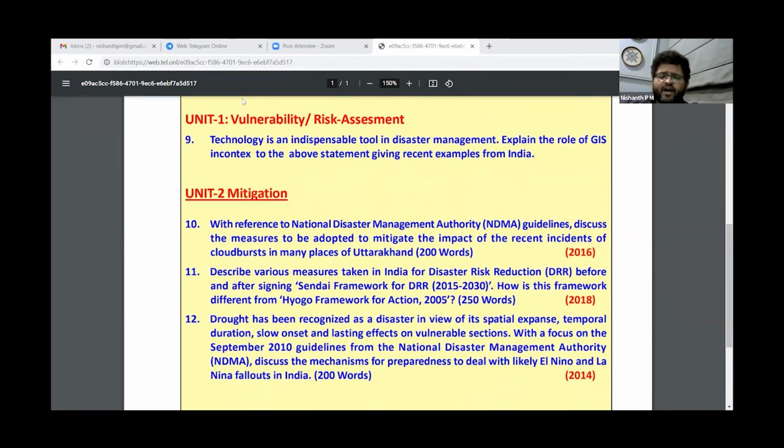Hence, the need of the hour is to implement the Sendai framework much further with proper integration of technology and ensure that no life is lost during any kind of disaster, and implement the framework of disaster risk reduction in letter and spirit.